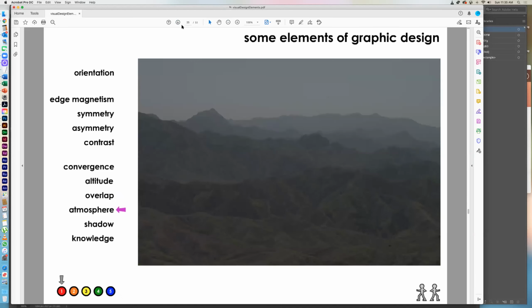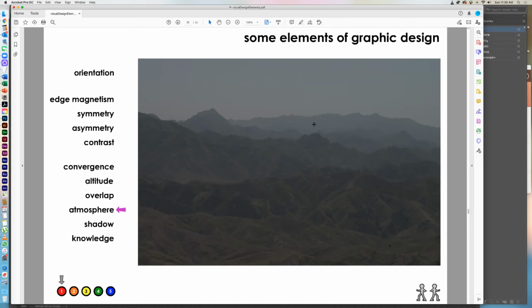Then there's atmosphere. Things that are farther away will have atmosphere, and this either occurs naturally, like in this photograph, that the farther away things get, number one, the less, sorry, the dog just barked. Number one, the less saturated they are, but also they lose focus and definition.